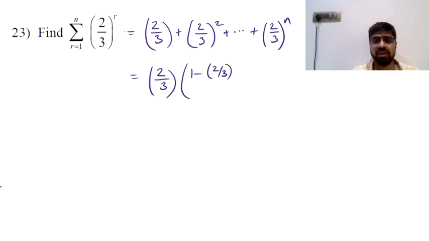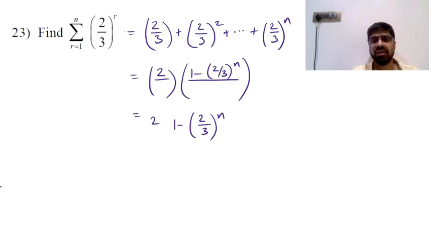So 1 minus 2 by 3 power n, the whole divided by 1 minus 2 by 3, which is equal to 1 by 3 in the denominator. That 1 by 3 and 3 get multiplied in the denominator, they get cancelled with each other, and you are ultimately left with 2 into 1 minus 2 by 3 power n as the final value of the given expression. Okay, so that's how we are answering the 23rd question.